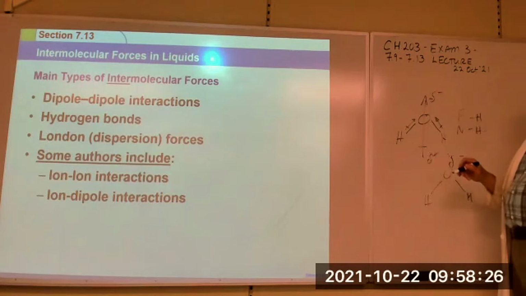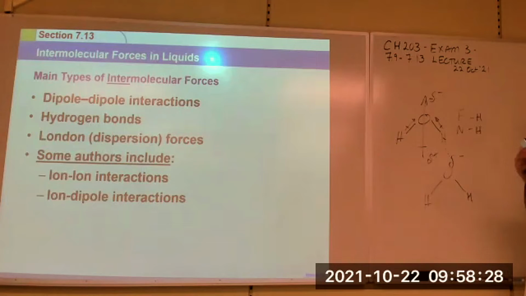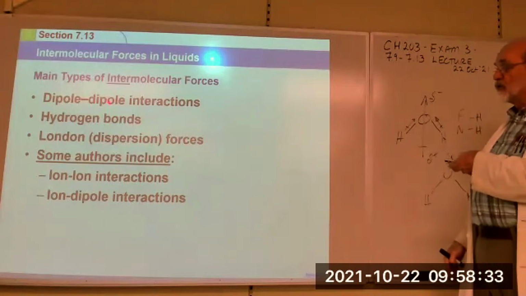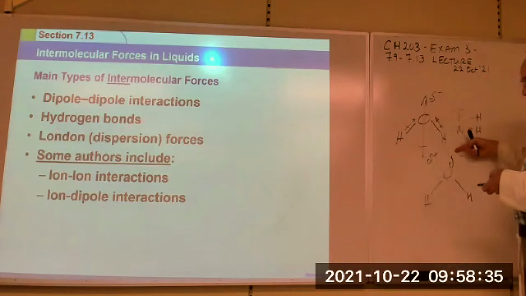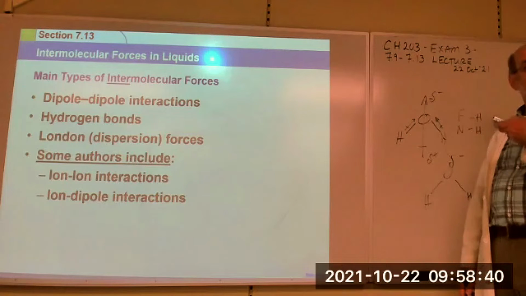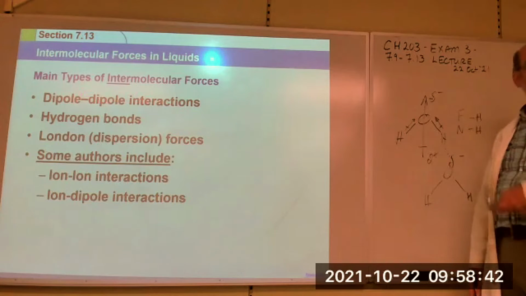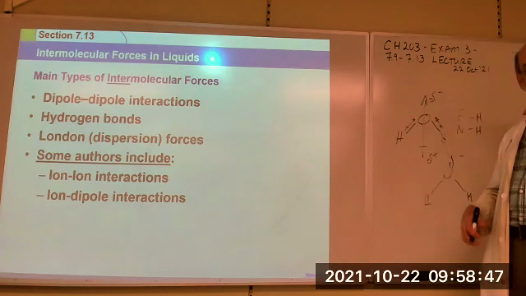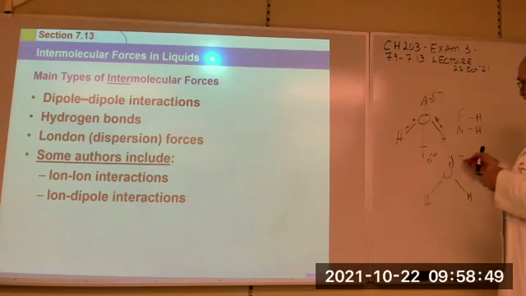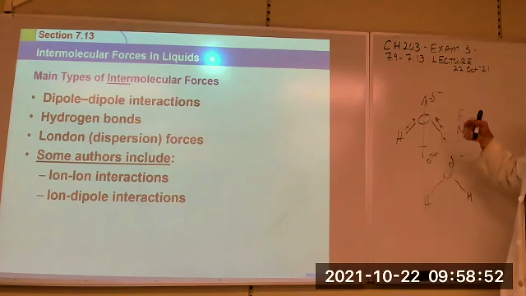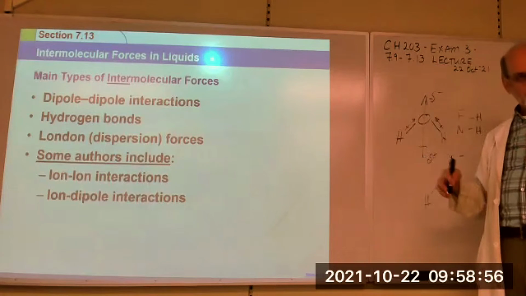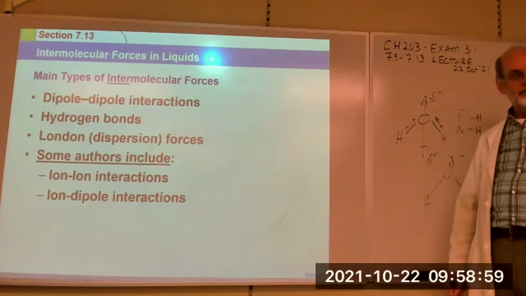That bond will produce enough strength to develop this hydrogen bond. And the hydrogen bond is at the high end, the strong end of the dipole-dipole interactions. And wherever you see the accumulation of these types of bonds on a molecule, you're open to hydrogen bonding.